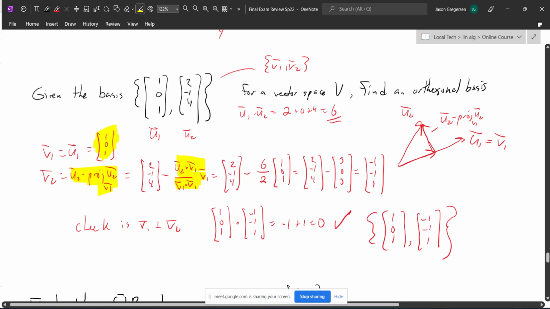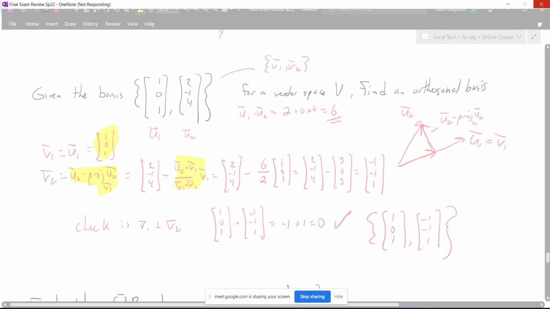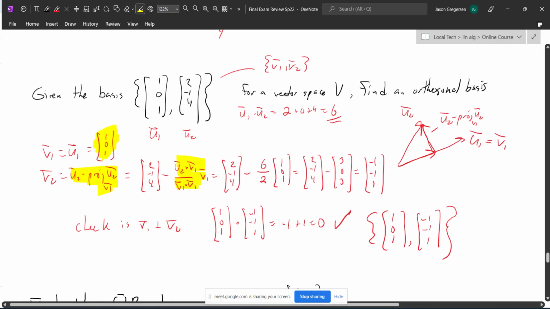In the end, I got v2 equal to -1, -1, -1, 1. And I wanted to make sure I was right to see that if I really had an orthogonal basis. So I calculated the dot product and I got a value of 0. So they were orthogonal. So this becomes my orthogonal basis for V. Any questions here so far?